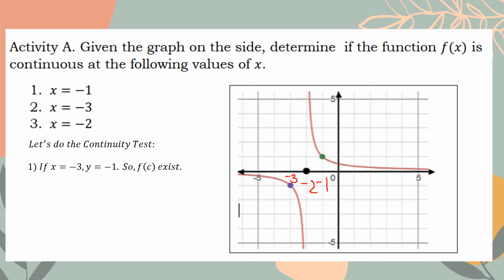The one in violet. If x equals -3, what's our y value? The answer is negative 1, because at this point the y value is negative 1. So f of c exists. We can also say f of negative 3 exists.